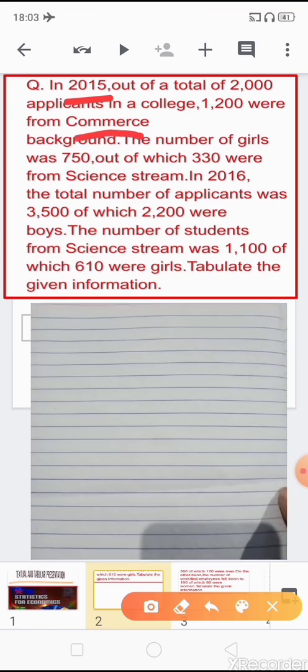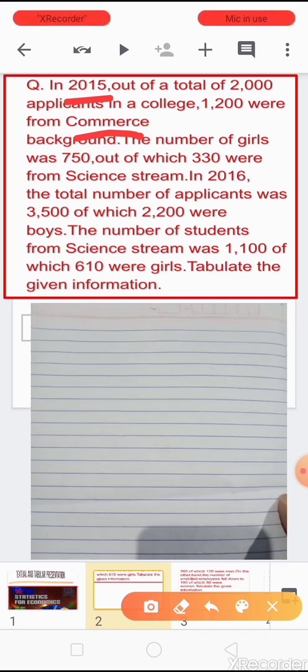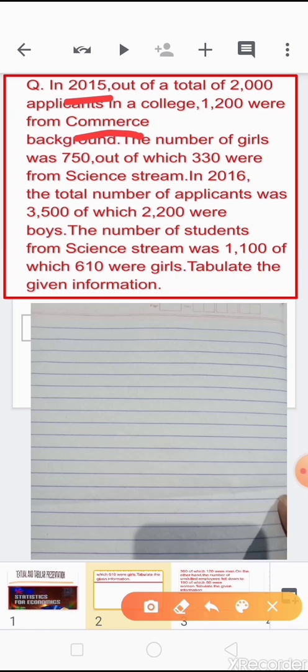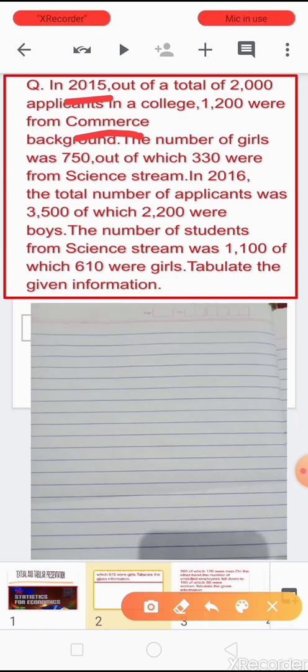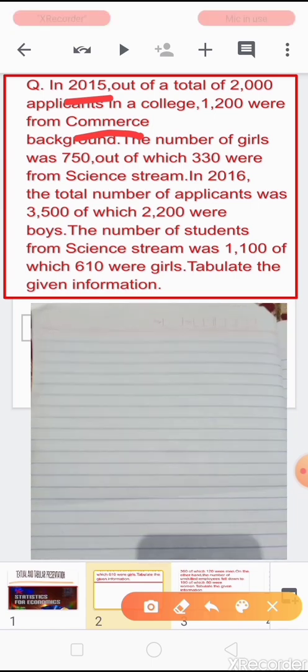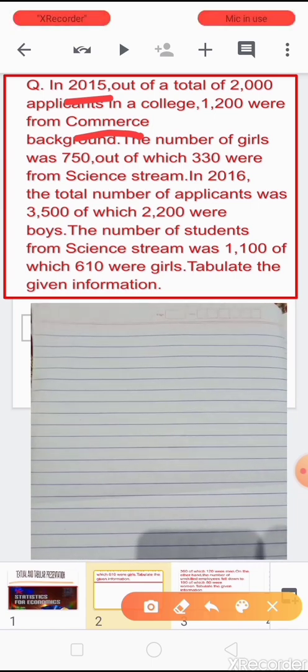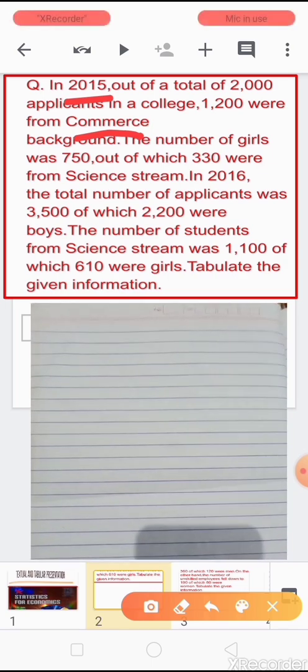So if out of the total 2000 students, 1200 are studying commerce, you can easily find out that the remaining students belong to the science stream.